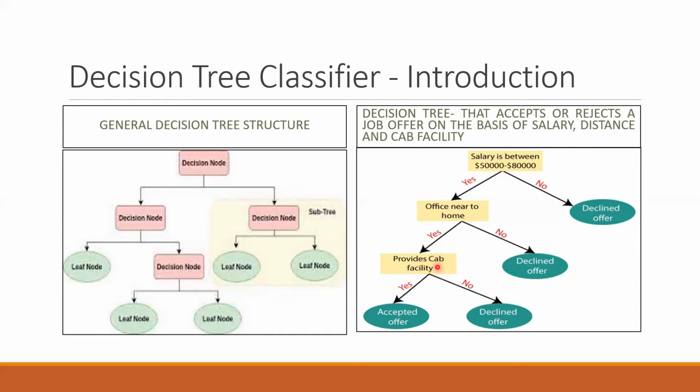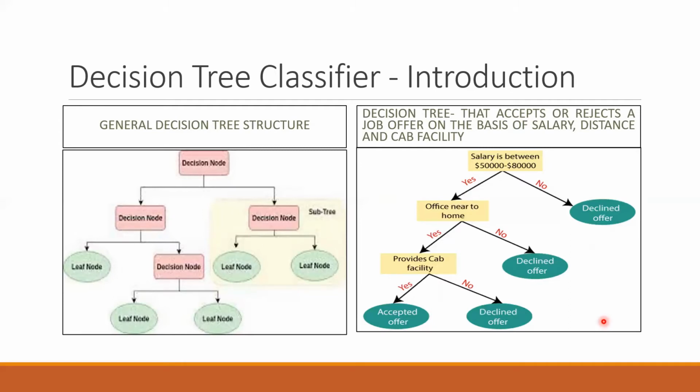If the cab facility is also there, then we accept the offer. So only if all three conditions are true do we accept the offer. Even if one condition is false, we decline the offer. This kind of tree can help us make the decision, and that's how the basic decision tree works.